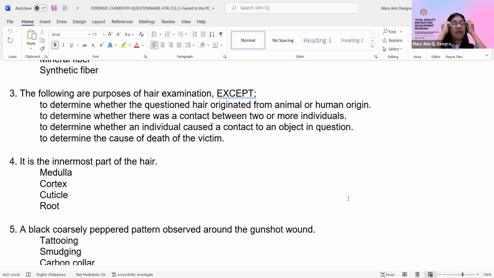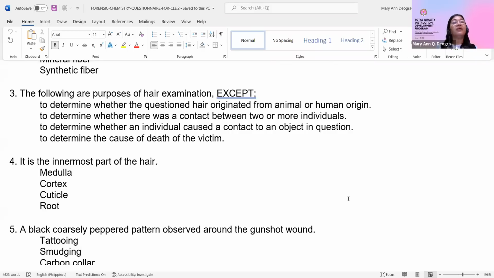So, there are times that there are hair strands which are found clinging into that object. So, this is one way, no? So there is a possibility that hair samples are found on those objects which are left in the crime scene. So yung first three kasama yan sa purpose ng hair examination. So the only exception there is the cause of the death of the victim.